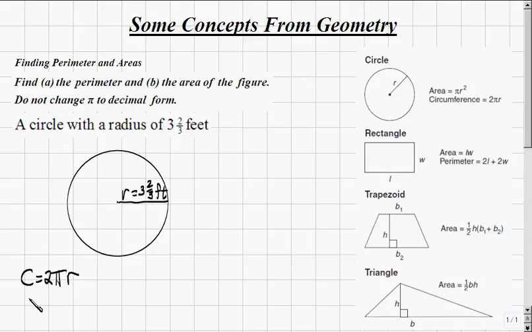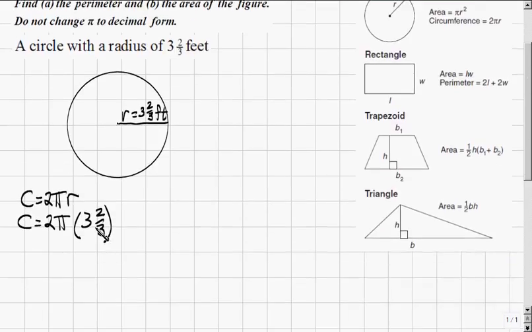So circumference will equal 2 times pi times the radius, which is 3 2/3. Now for us to find the answer, let's first convert 3 2/3 into an improper fraction and then multiply that by 2 times pi. In fact, we'll leave the pi symbol at the very end of the problem.